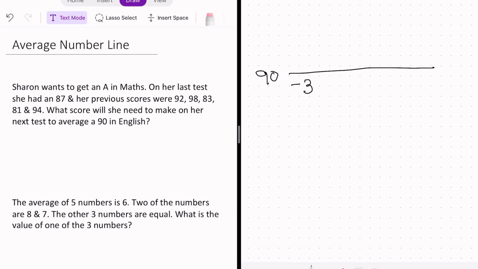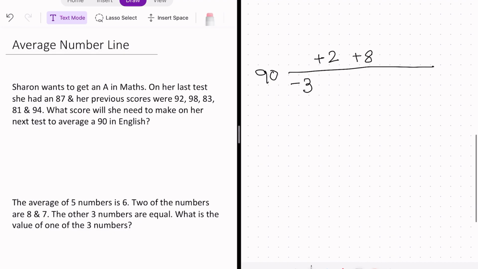Let's look at the next score, which is 92. 92 is 2 more than the average. The next score is 98, which is 8 more than the average. The next score is 83, which is 7 less than the average. The next score is 81, which is 9 less than the average. And the sixth score is 94, which is 4 more than the average.